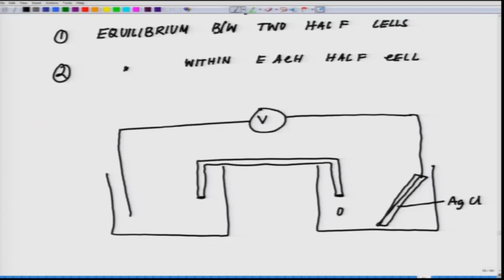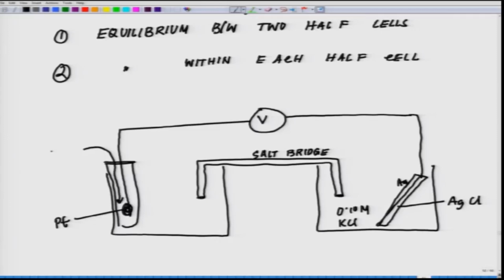And this is in 0.10 molar KCl. Okay. This is Ag. Okay. And this is your salt bridge. And here you have the typical hydrogen electrode with platinum, and you have hydrogen at 1 bar, right.